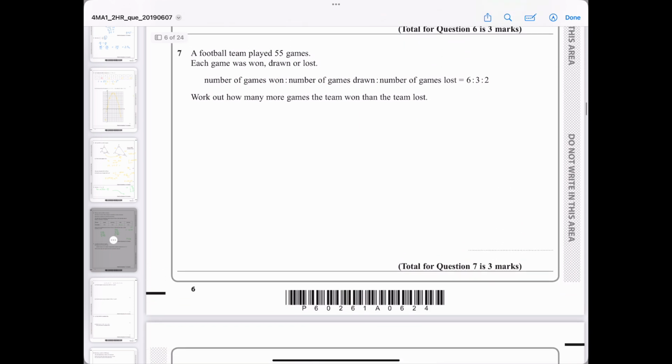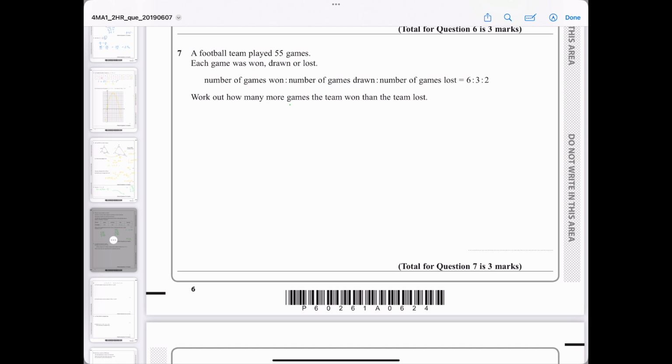Right, a football team played 55 games. Each game they either won, drew, or lost. The number of games won to number of games drawn to number of games lost is 6 to 3 to 2.